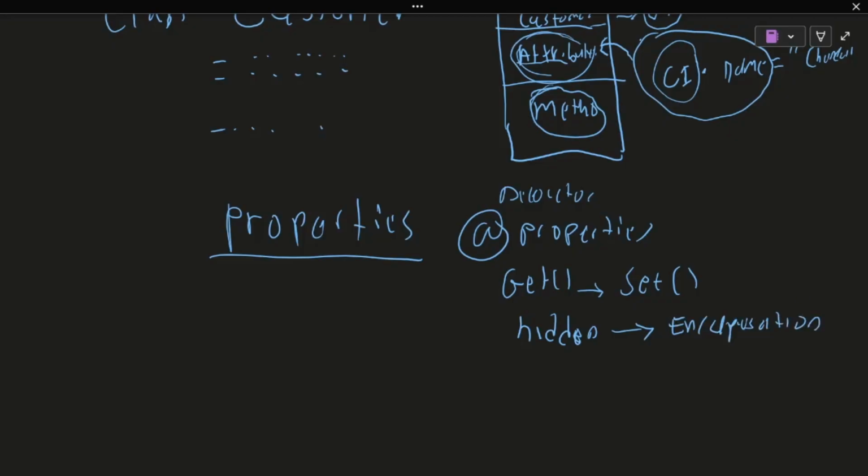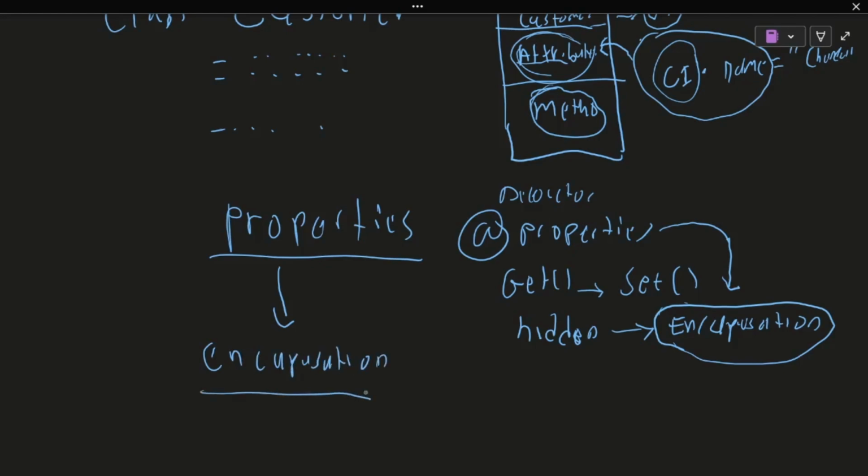So now we are providing a mechanism by annotating a method with property, so that we can easily view the hidden attribute and method of a specific class. That is property. I hope you now understand the relationship between property and encapsulation.